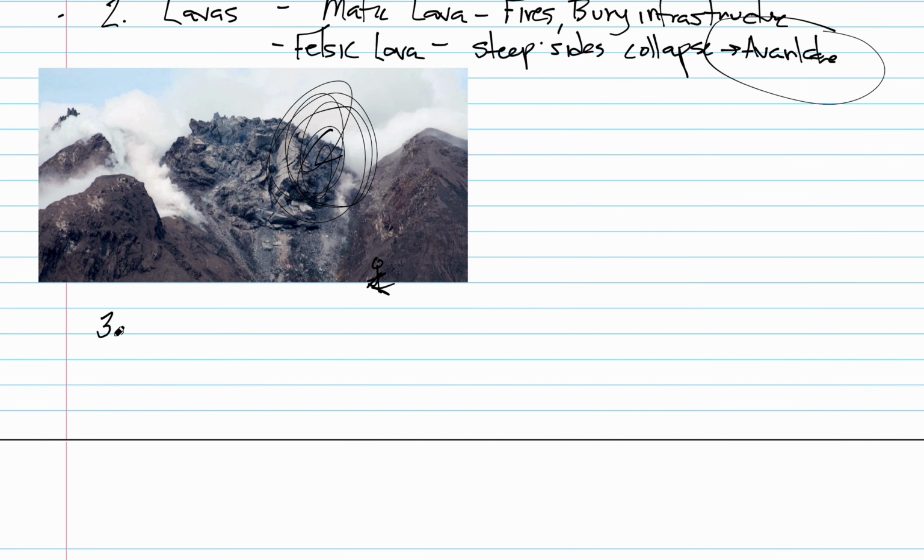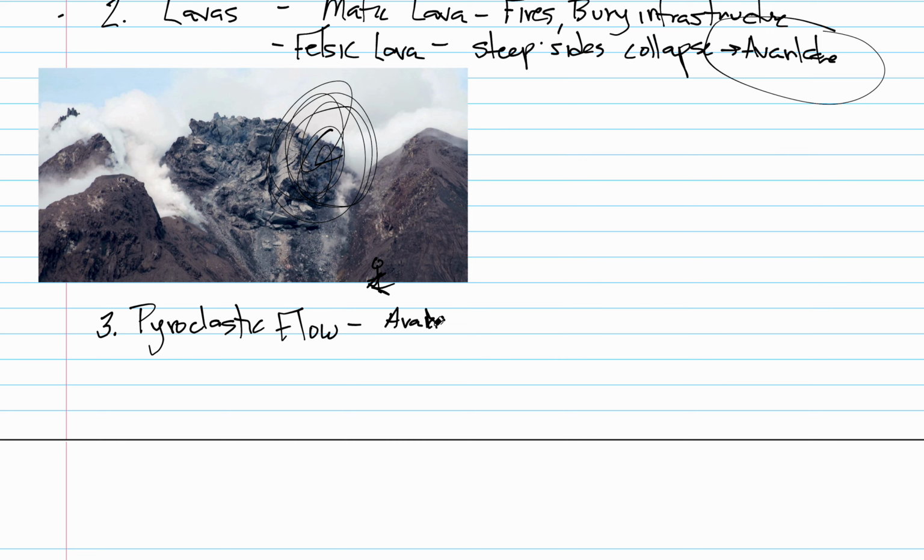It's going to be number 3. The definition for pyroclastic flow can be found in the name. Pyro is fire, clastic is broken, and so these are avalanches of hot ash and gas.